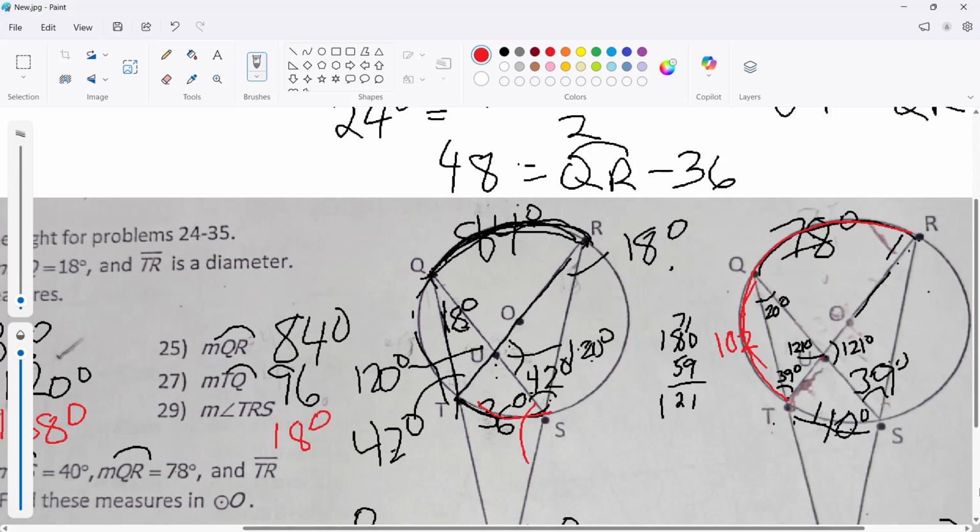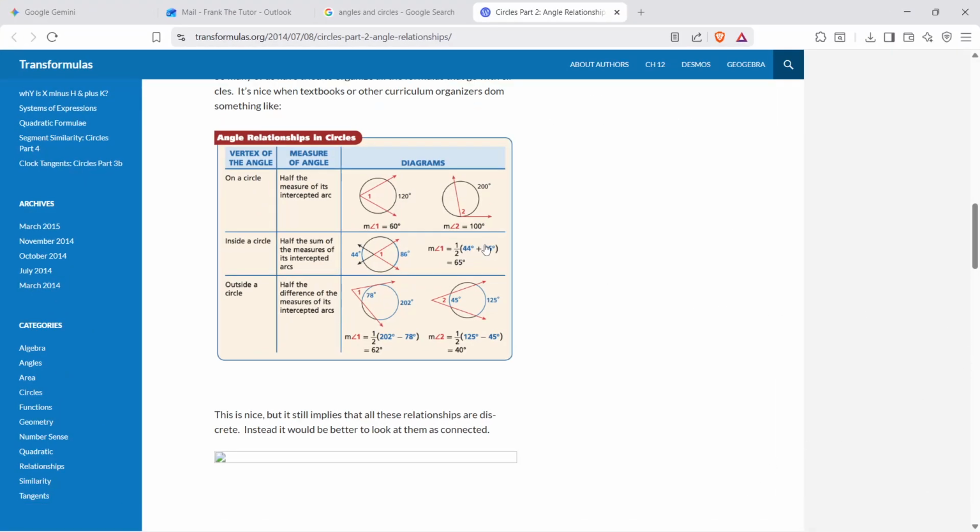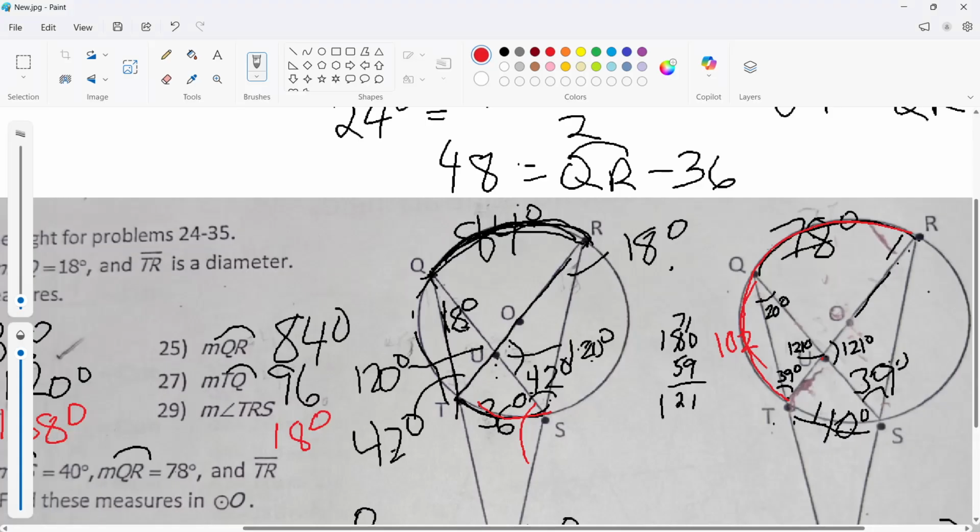Now I know that this angle is one half of the sum of the arcs that it and its vertical angle cut out.